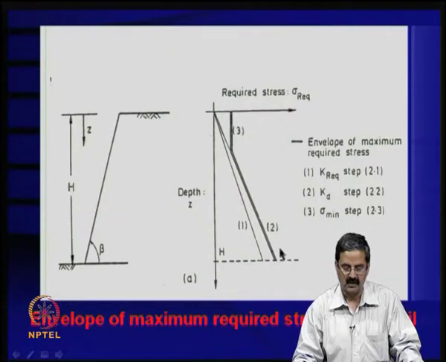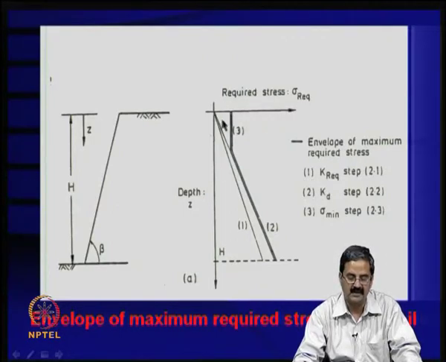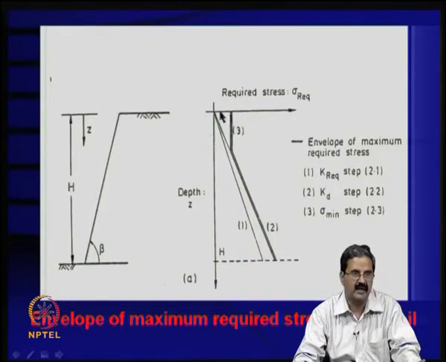This is what is called the required stress in the reinforcement. This is the minimum value, because of compaction and other things that we have, and after that it is like this. You may have a general impression that if there is no pressure here, there is no need for reinforcement. It is not correct. Why? Because there is pressure because of the earthquake and the earth compaction.